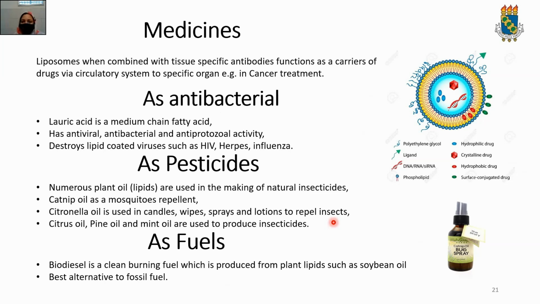For example, in case of cancer treatment, you can see here, this is a graphical representation, that they can carry hydrophobic drugs, crystalline drugs, and surface conjugated drugs in different forms.